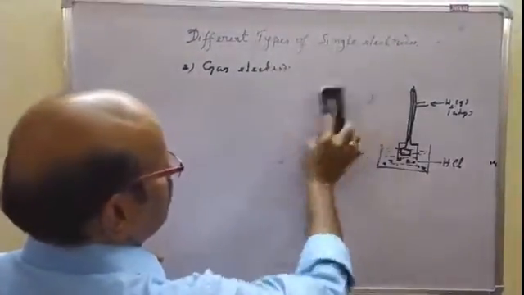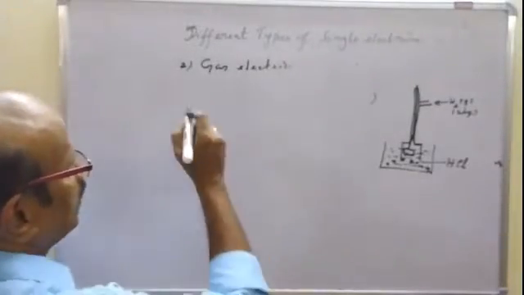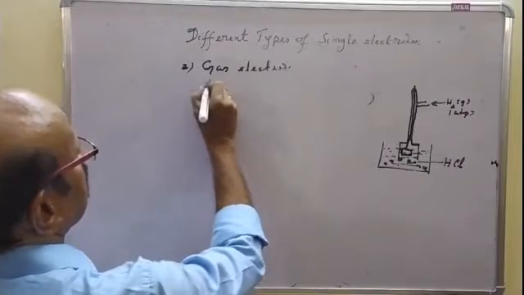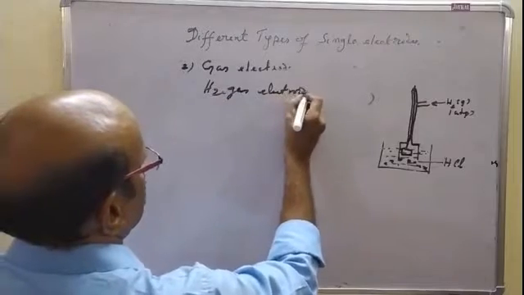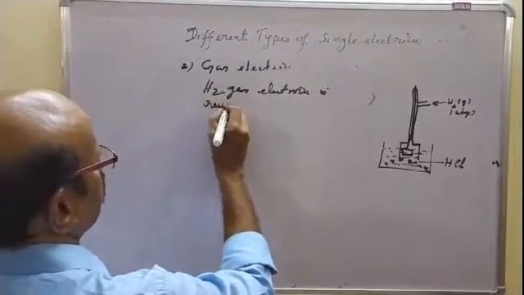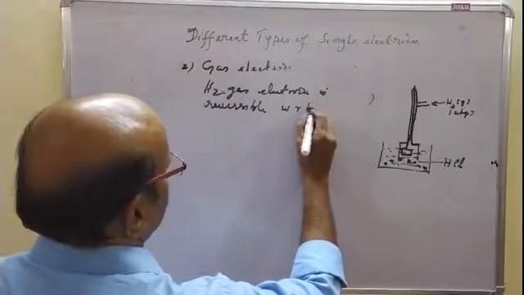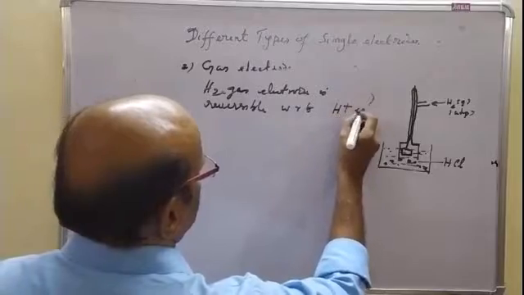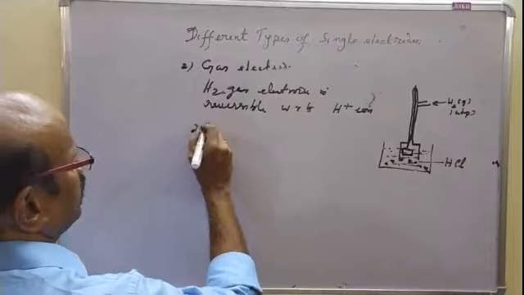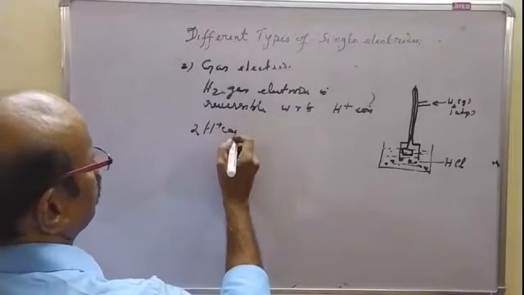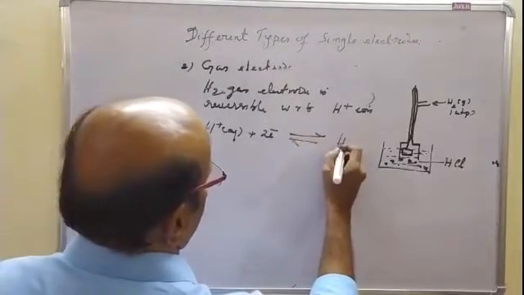And it is an electrode that is reversible with respect to H plus ion. That is another thing you have to remember. The hydrogen gas electrode is reversible with respect to H plus ion. The reaction involved is 2H plus aqua plus 2 electron reversibly gives H2 gas.